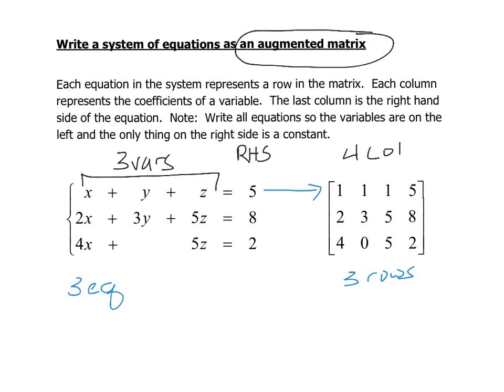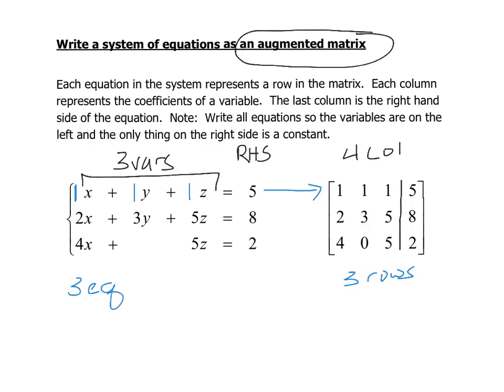The right hand side, oftentimes we have a line drawn right there, but I can't get that to draw on the software that I use to make matrices. Each equation is going to make a row in our matrix. If we look at our first equation here, we're not putting the x, y, or z in the matrix.